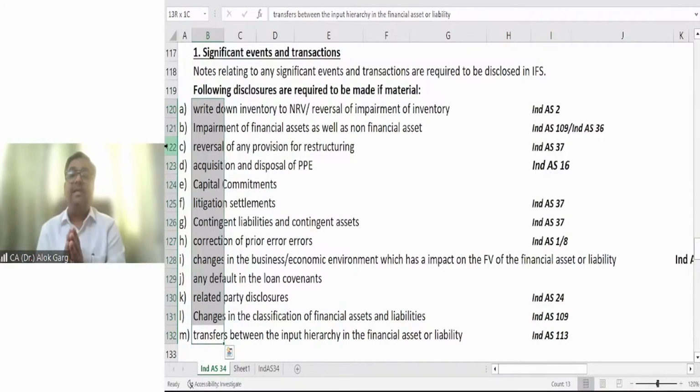But the point is, in the interim financial statement, these disclosures are required in the notes to accounts if the quantum, if the amount is material. Is that clear? This is the indicative list, not the exhaustive list. So anything which is material is required to be disclosed, I would say, or I would put it in this way.